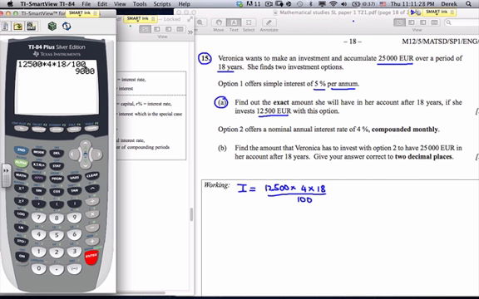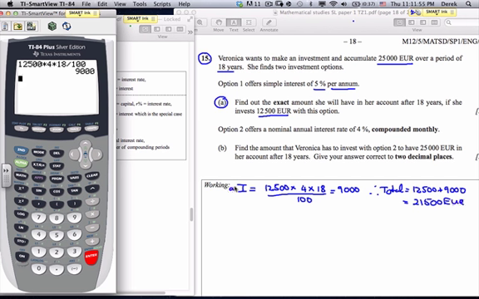So it's 9,000. So at the end, therefore, the total will be the 12,500 plus the 9,000. So that's going to be 21,500 euro at the end of that all.